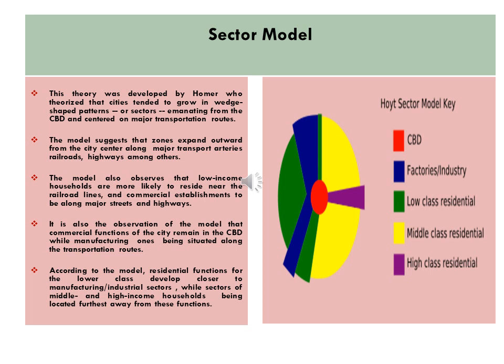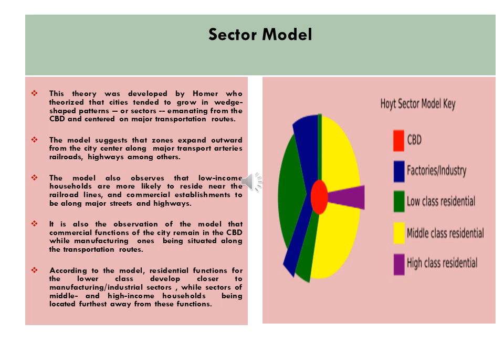These arteries include the roads, the highways, and others, so that low-income households in an urban area are likely to live closer to the road, rail lines, and also commercial establishments are likely to be along the major streets and highways.